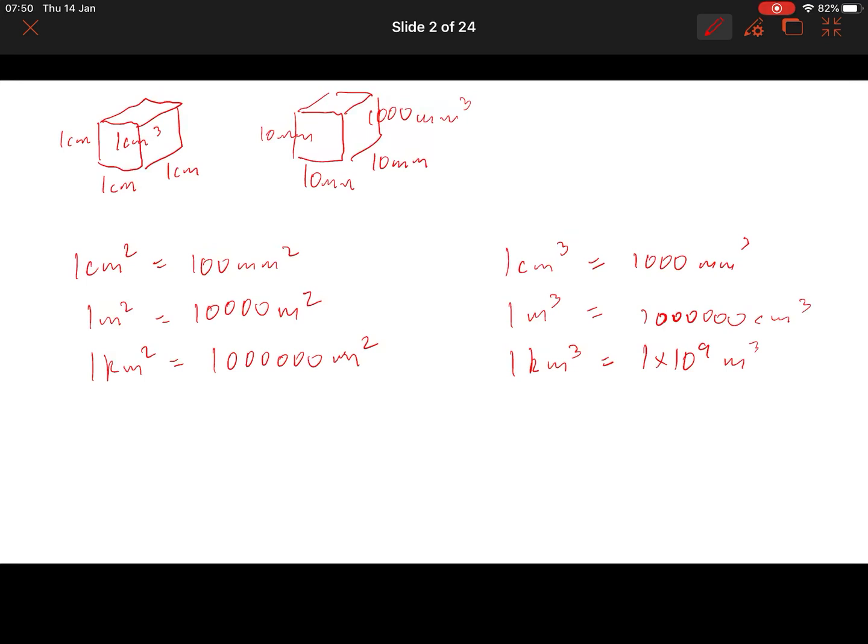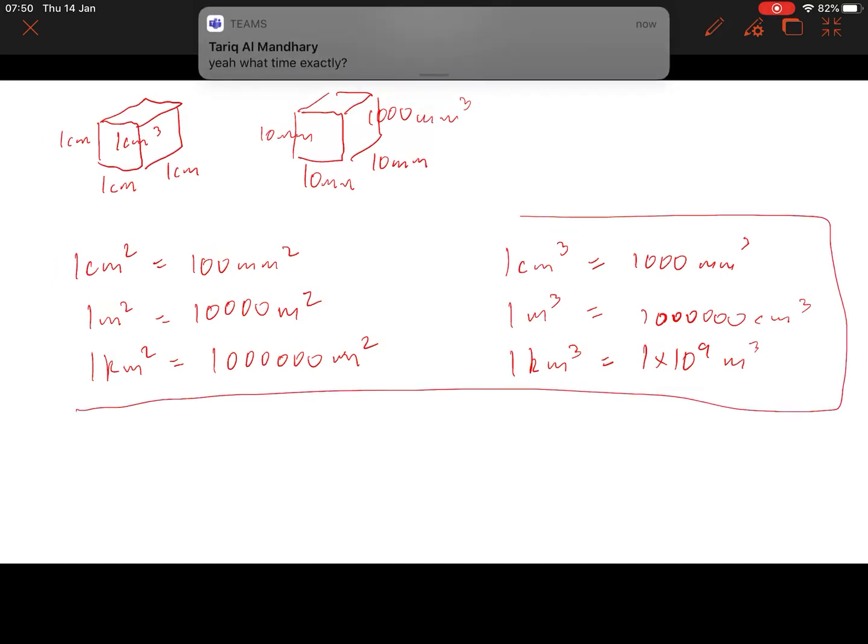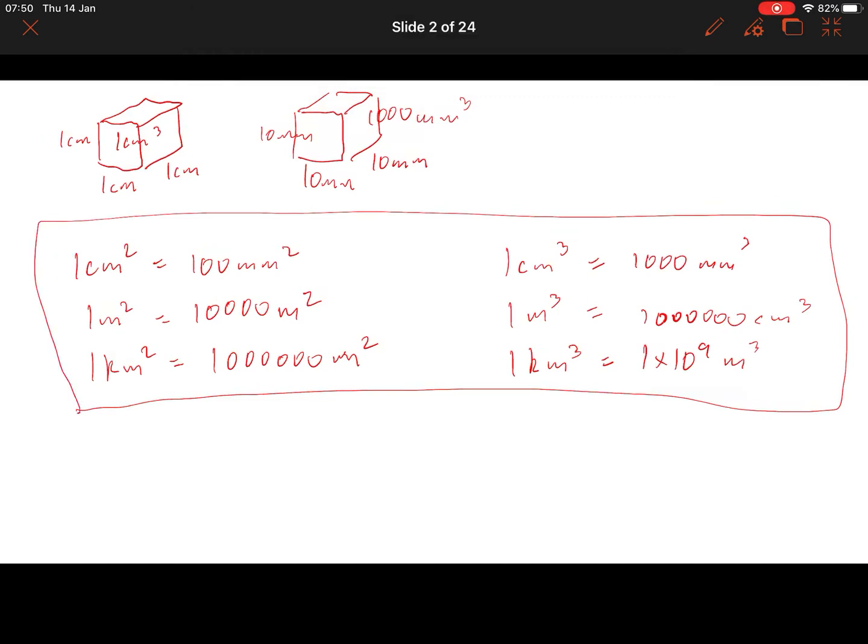You can write answers in standard form if you want to save yourself from writing out a ton of zeros. Okay? So these are the conversions that you need to know. All right? And you either have to remember them or you have to remember the logic of how you establish them. Okay, I don't actually remember them myself, I just logically work them out.